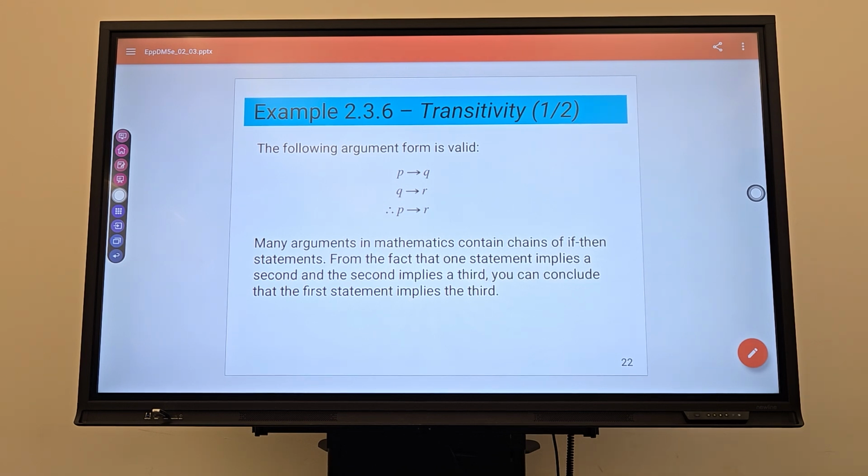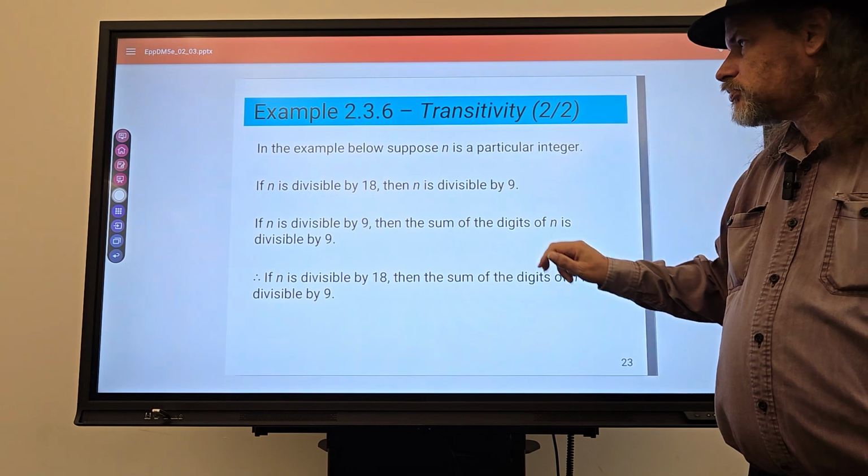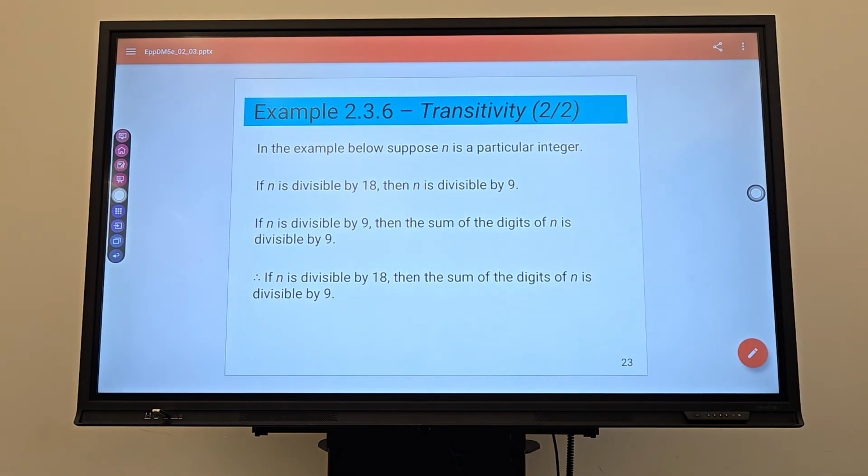You can conclude that the first statement implies the last statement. So in the example below, suppose n is a particular integer.